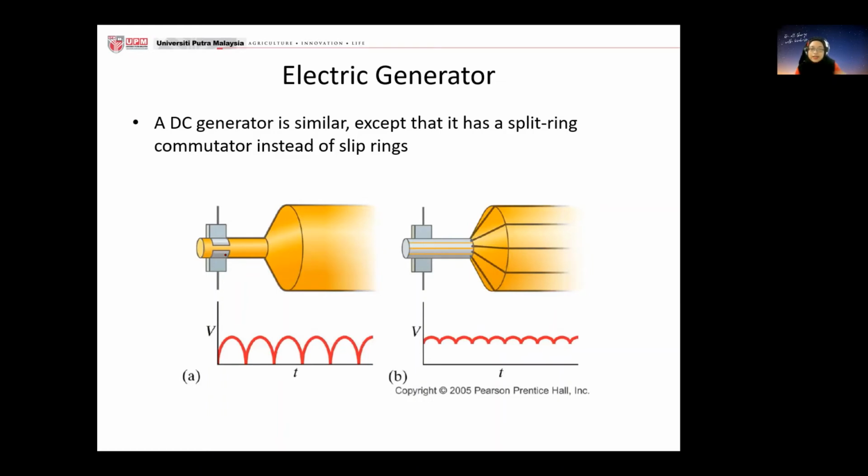But basically, because it has the gap here, as it turns, although technically the current is produced in the opposite direction, because of the gap here, it makes what is connected to here and here only in one direction.